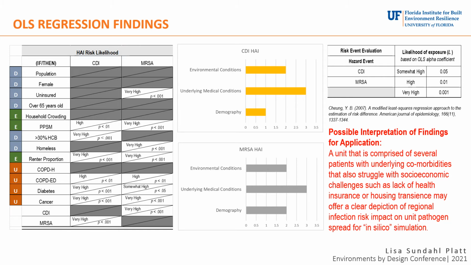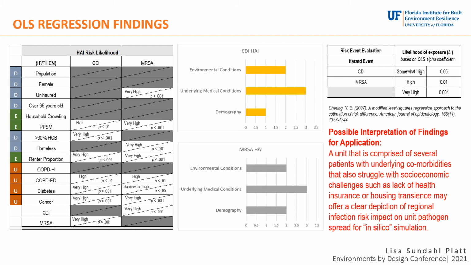In this case, we used ordinary least squares, or OLS, regression. An example of the outcomes was that the predictor that explained a high level of variance in the prediction of the dependent variable MRSA were high levels of uninsured populations, and a predictor that explained a high level of variance in the prediction of the dependent variable C. diff HAI was diabetes.